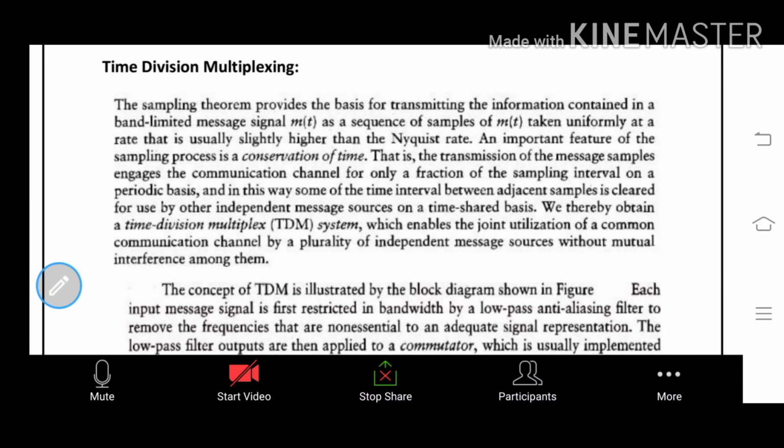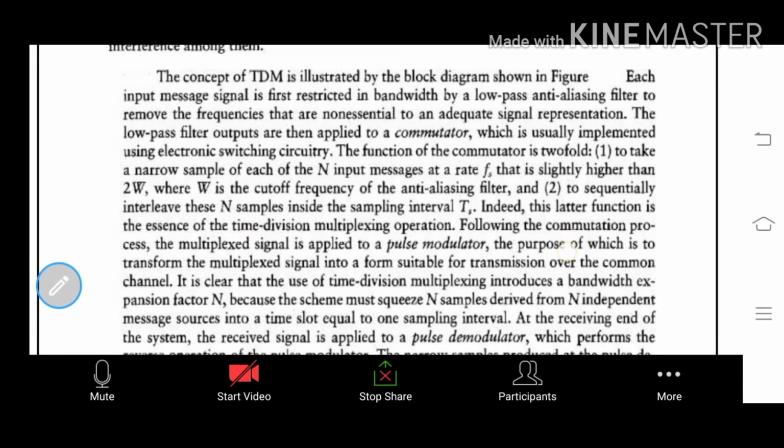So here, for the number of channels, the input signal is applied to a low pass filter. That low pass filter carries all the information channels. That channel can be pulse coded, that is PCM coded, and pulse modulated. That pulse modulated signal is transmitted over the channel, and on the output side you use pulse demodulation.